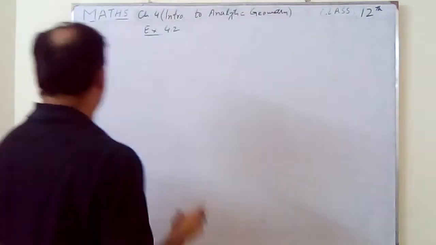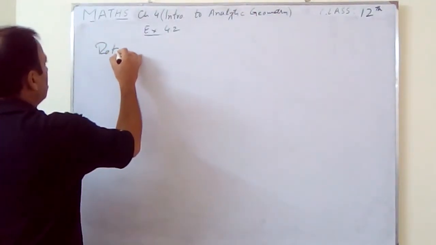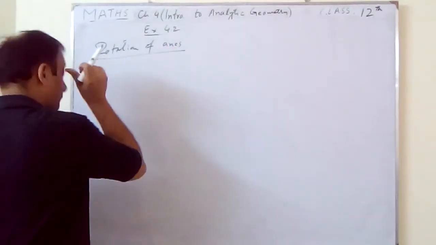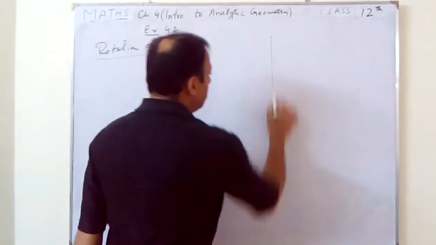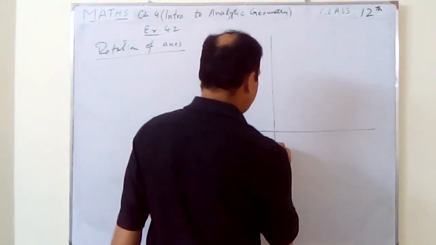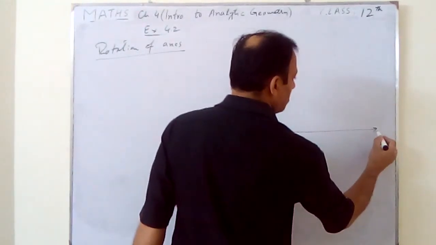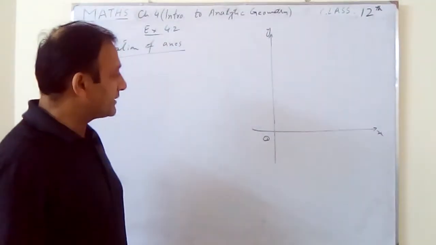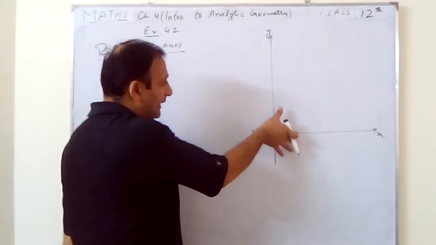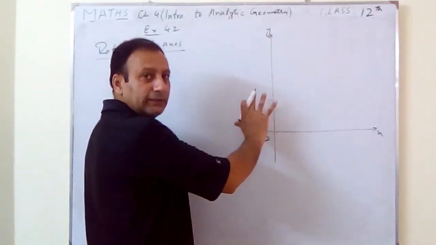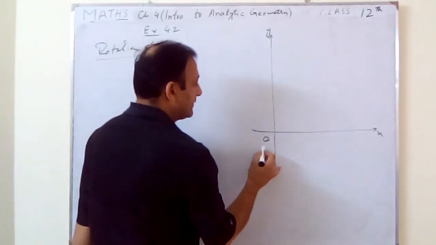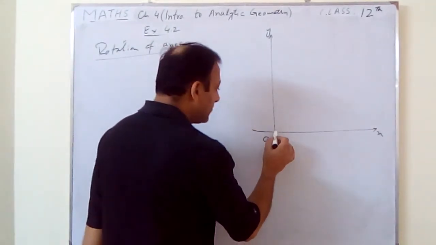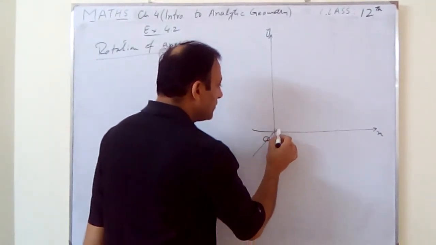Another thing, that is rotation of axis. If we have an XY plane, this is a coordinate system, and when we rotate this x-axis from this point, the origin remains there, origin will not be changed.